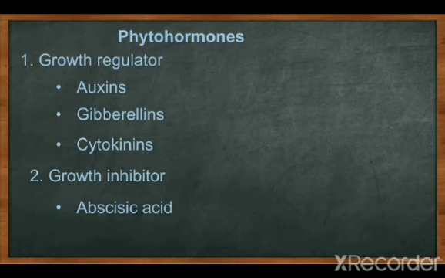Some of these chemical substances stimulate plant growth and ripening of fruit, related to the rate of growth of the plant. Some phytohormones are growth regulators, meaning they help in growth, and some are growth inhibitors, meaning they inhibit growth. Only four hormones are in your syllabus: Auxin, Gibberellin, Cytokinin and Abscisic acid.